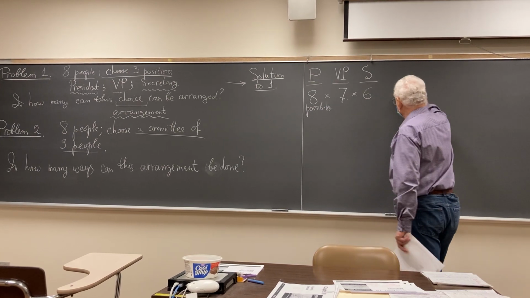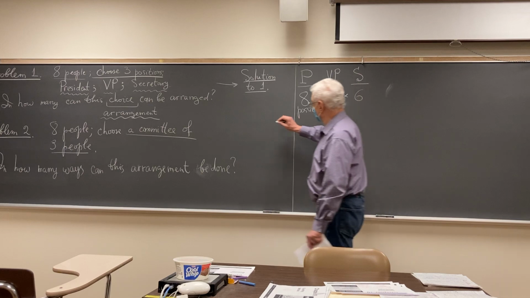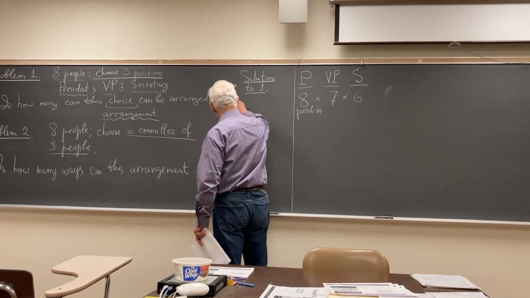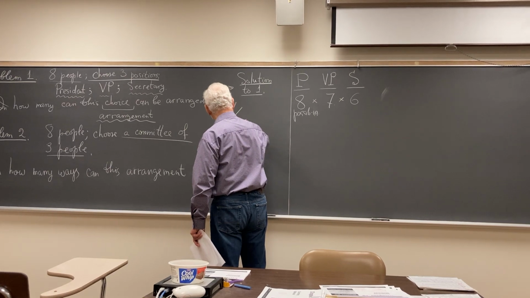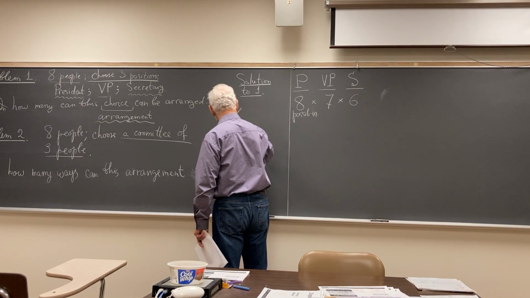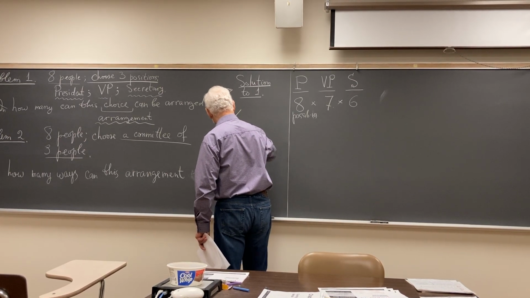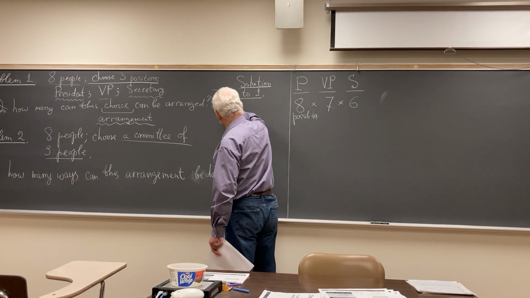Why? Because if you consider the tree, let's write here. You have a fan of 1, 2, 3, 4, 5, 6, 7, 8. So you have 8 possibilities for president.